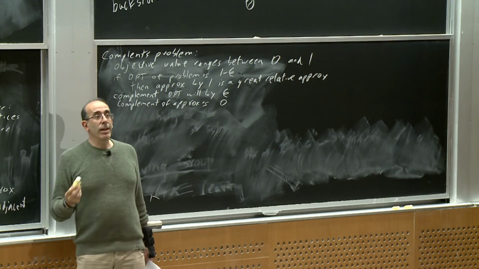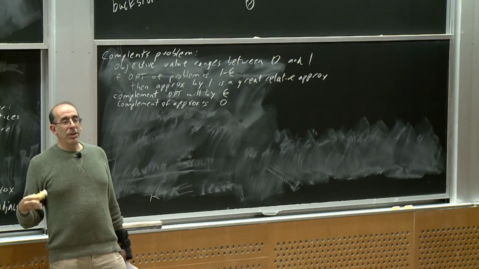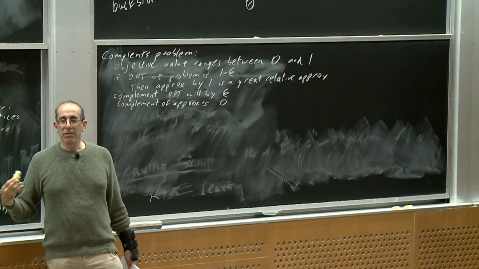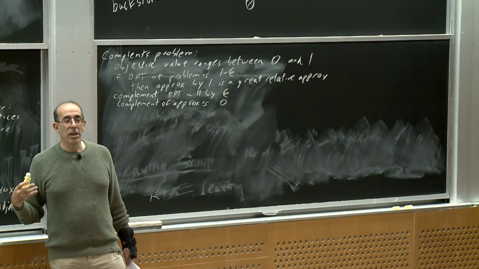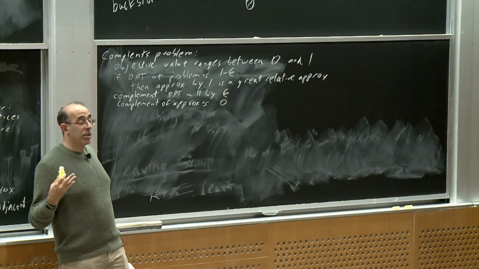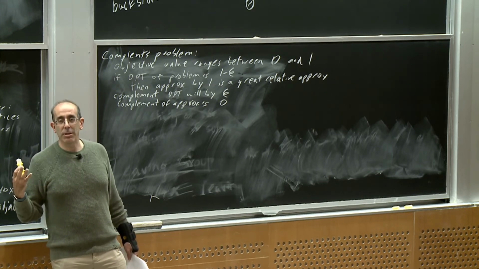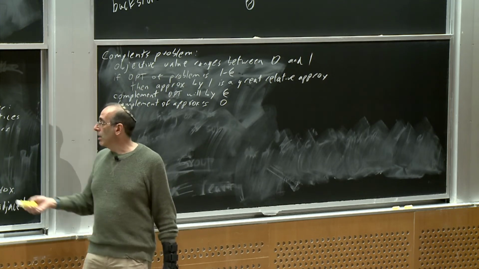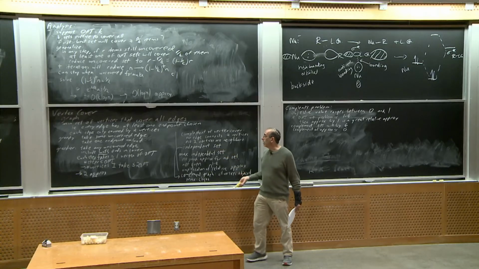And so in relative terms, having your solution be 0 is infinitely off from the correct value of epsilon, whereas your approximation of 1 is within a 1 minus epsilon factor of the optimum 1 minus epsilon. So that's what's going on here.